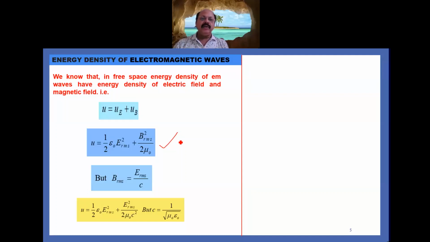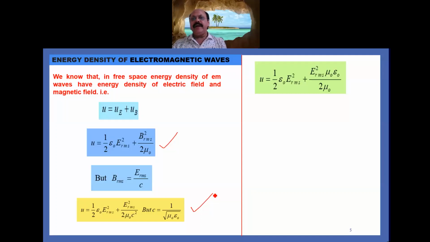But c equals 1 upon under root mu naught epsilon naught. So c square is 1 upon mu naught epsilon naught. Substitute this value. Then you will get u equals half epsilon naught E_rms square plus E_rms square mu naught epsilon naught upon 2 mu naught. So from here this mu naught and this mu naught get cancelled.